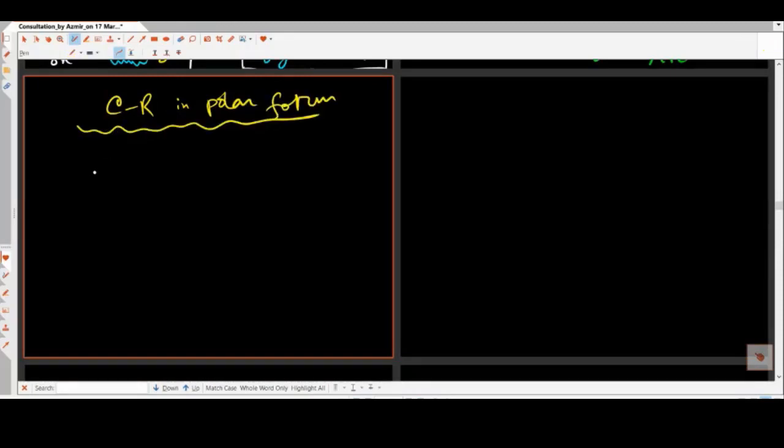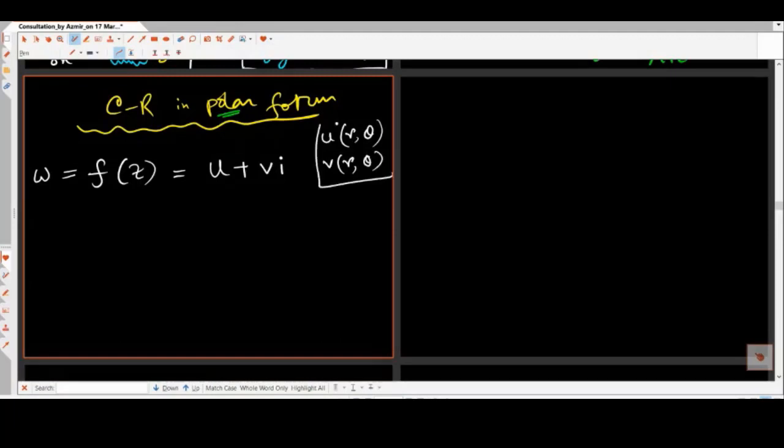So again, we have the function f of z equals u plus vi. But since we are dealing with polar form now, this time u is a function of r comma theta, v is a function of r comma theta. So whenever a function is written in polar form, then that function will be analytic if it satisfies the Cauchy-Riemann equations in polar form.